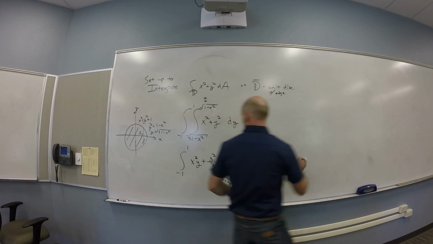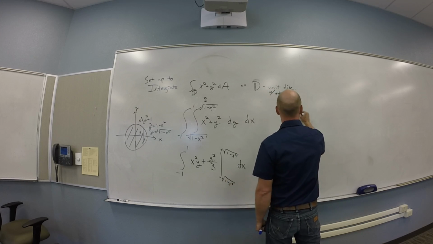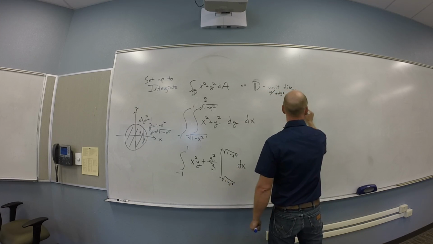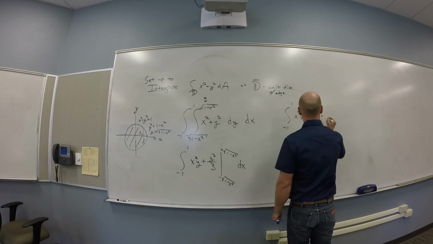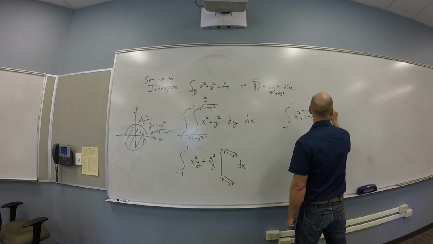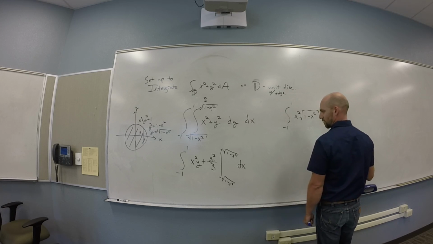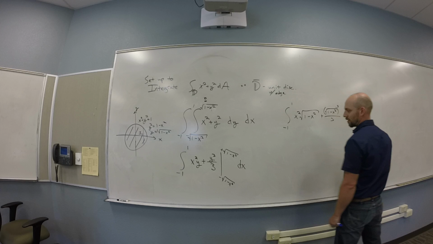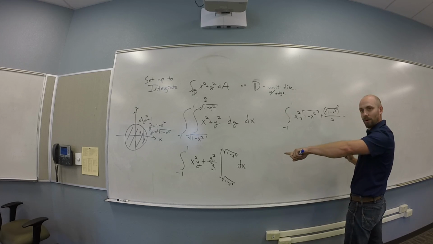Okay, so you get the integral from minus 1 to 1 of x squared times the square root of 1 minus x squared plus the square root of 1 minus x squared cubed over 3, minus, in parentheses, oh, but wait, hang on. When I put the minus 1 in there, what do I get out?